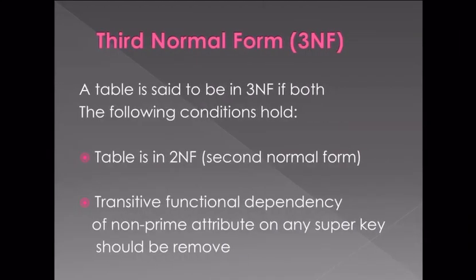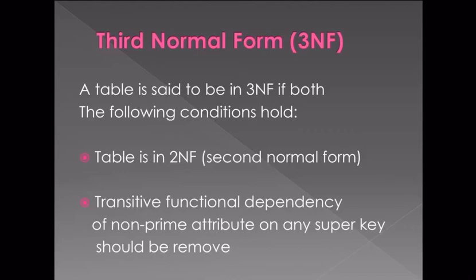Now we know the first normal form and the second normal form, and we know about the unnormalized form. Now we will have the last normal form, that is the third normal form. The definition of it is: a table is said to be in third normal form if both the following conditions hold. 1.